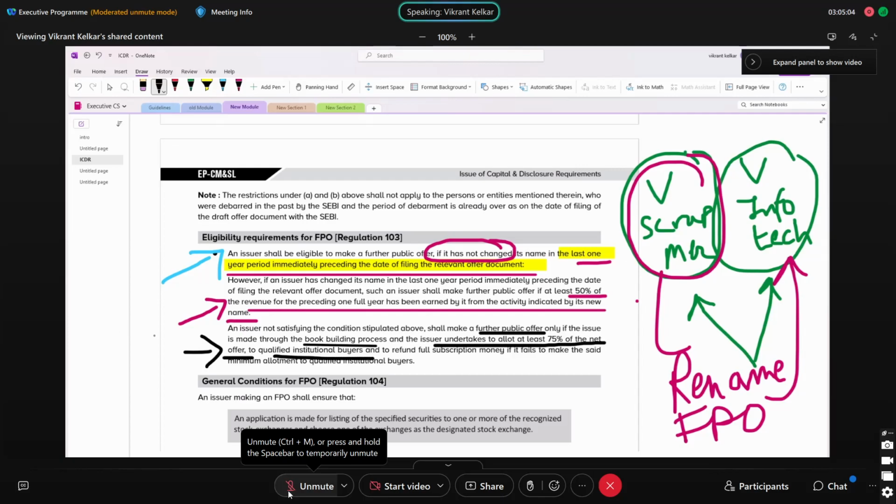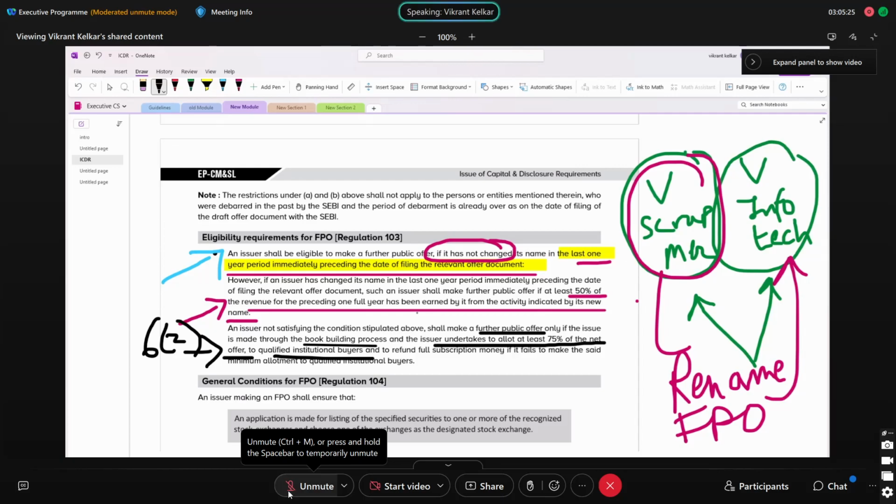So it is just like a 6-2 or not. They are prescribing a condition first, and if the condition is not satisfied, they are suggesting you are still eligible to get the funding, but 75% should be collected from QIBs, and the system should be book building. Have you got the point?